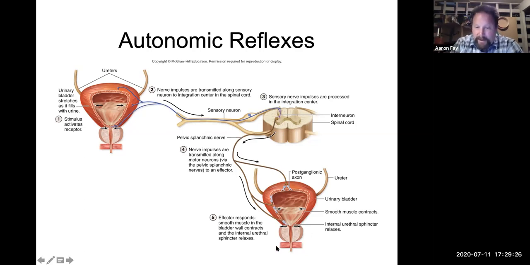However, we can exercise conscious control over the system to make sure we can just wait until it's convenient. But if you've ever waited too long, been stuck in a car or an airplane or something, and you have to go to the bathroom really bad, it feels like you're fighting yourself, because you are. Your autonomic reflex, right, once the bladder fills up, it's going to activate. It's going to start causing the bladder to compress, right?